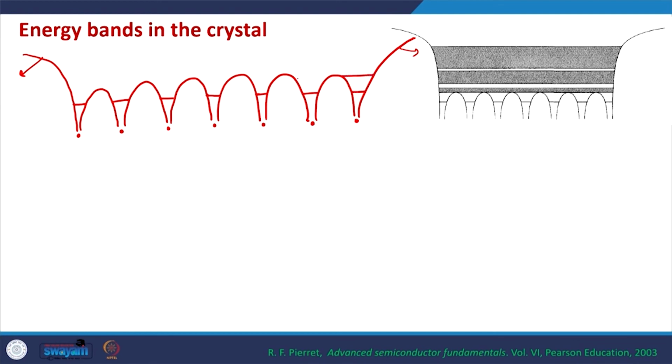For example, energies between these two levels will be disallowed, and we will have this energy range which will be allowed. If the energy of the electron is less than this U naught value, it will have almost a discrete energy level.